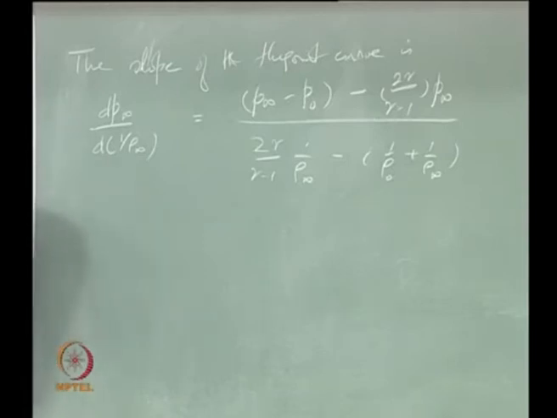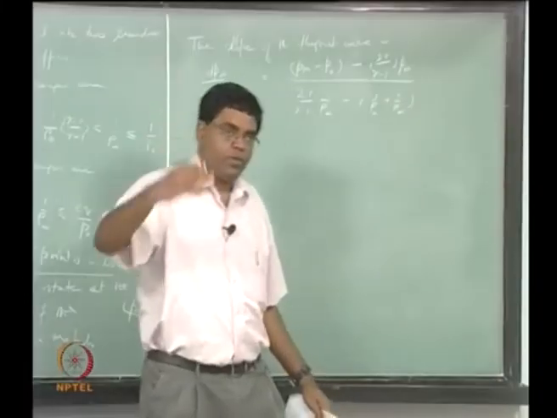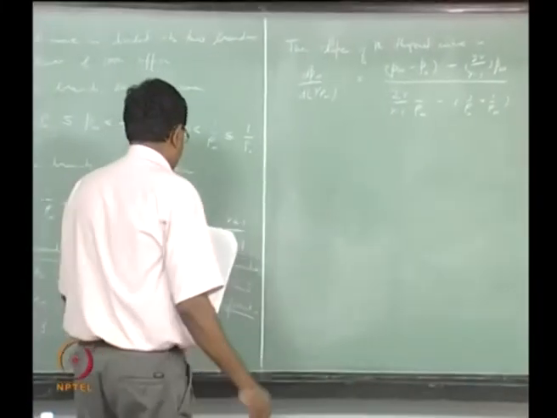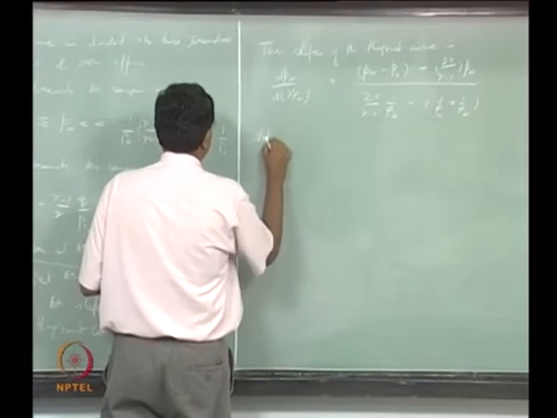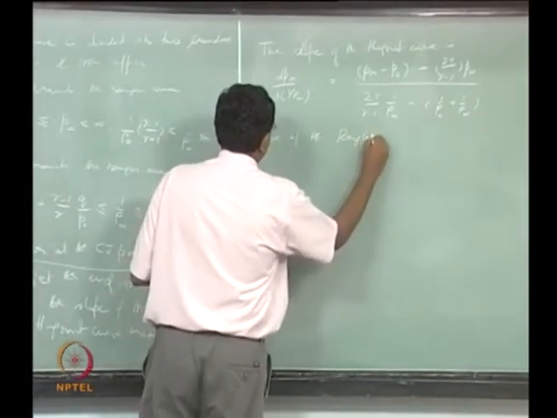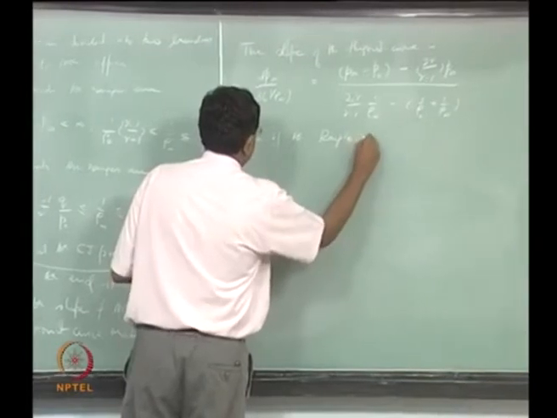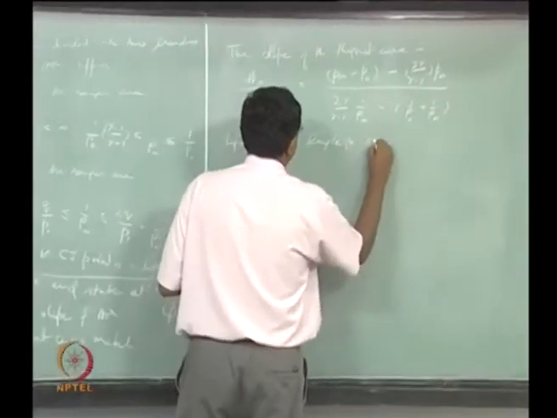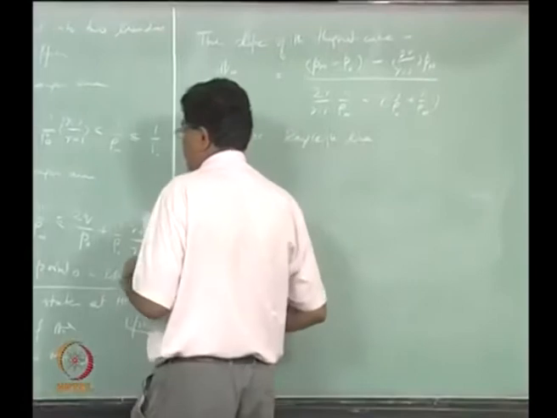At the Cj points, it turns out that the slope should now be equal to the Rayleigh slope, right. So what's the slope of the Rayleigh line?